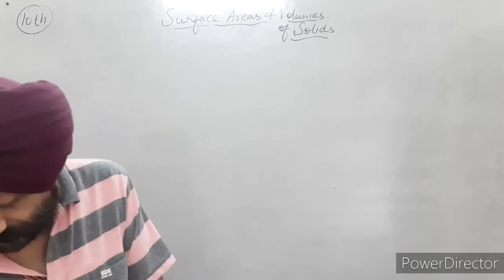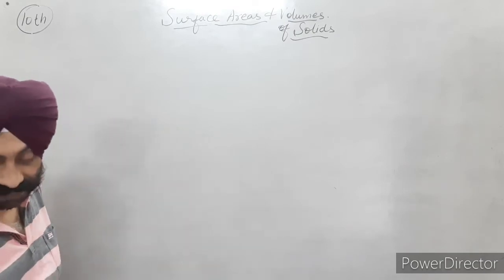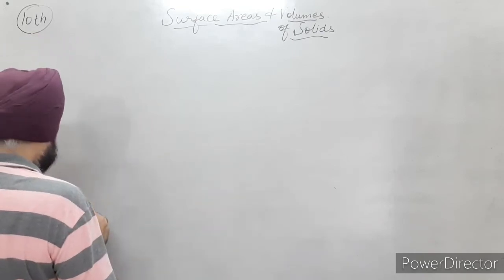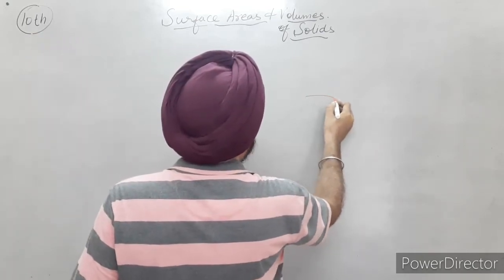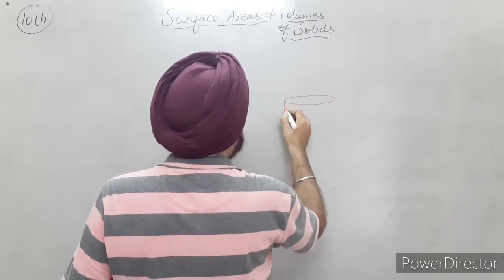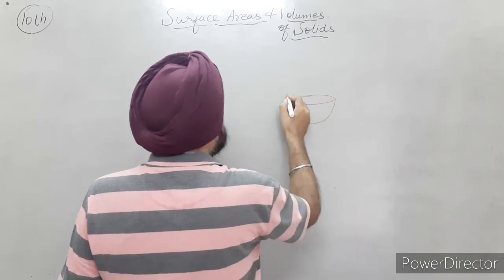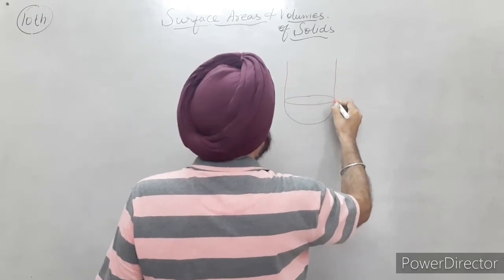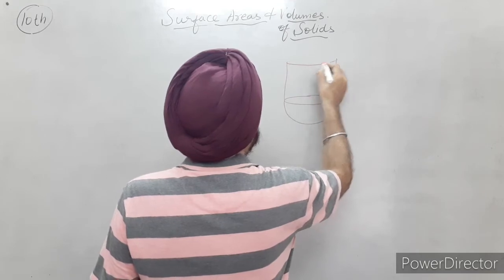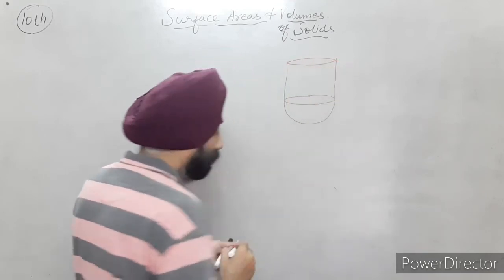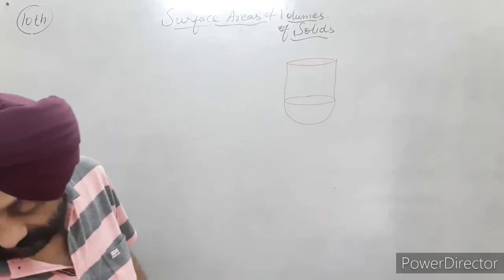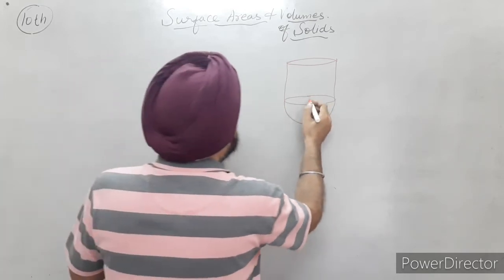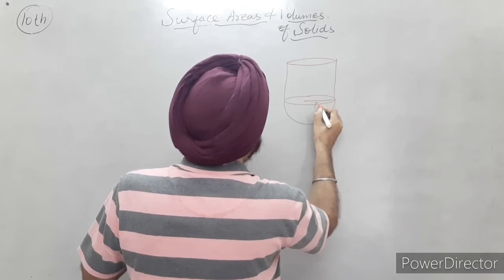Now say the question is this: there is a hemisphere like this, surmounted by a cylinder. The total height of this solid is 13 centimeters and the radius is 7 centimeters.